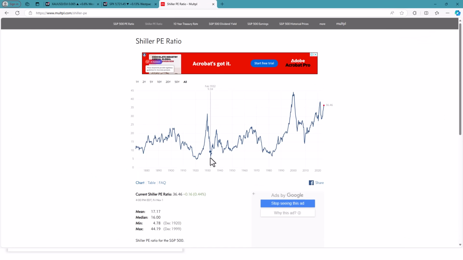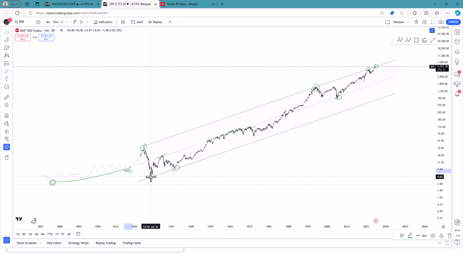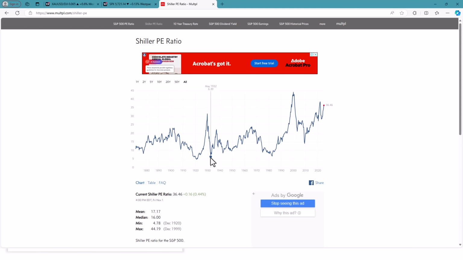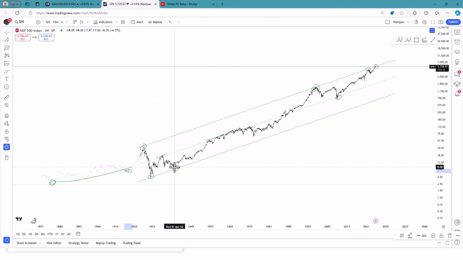Here, 1932, around 7 or 8, the bottom of the Great Depression, a good time to buy. Here, 1942, when it was 8, again a great time to buy.